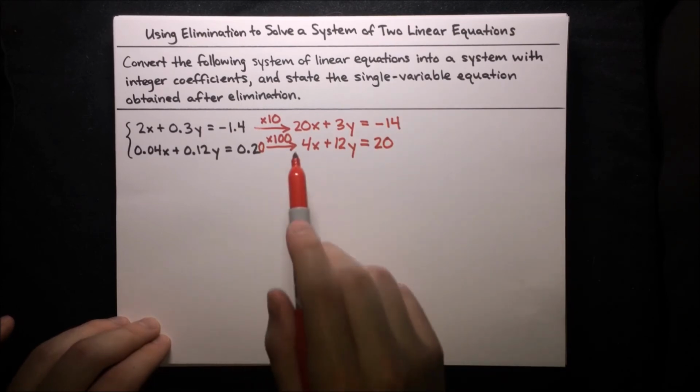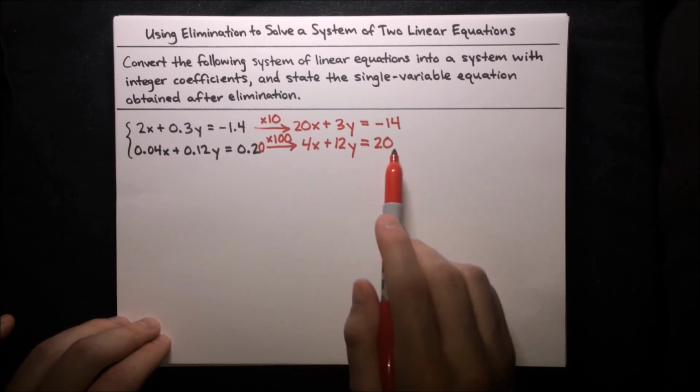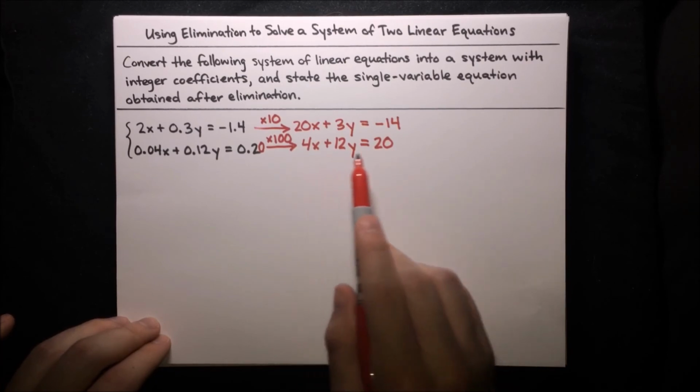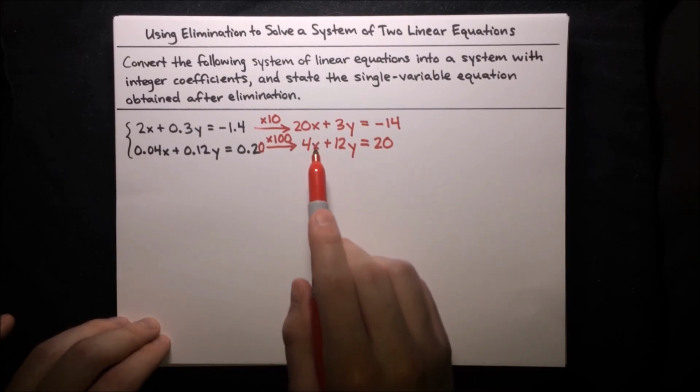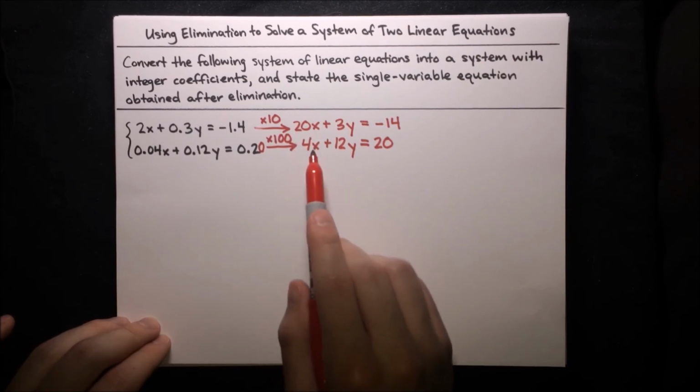Okay, great, so now we've got our system with integer coefficients, and now let's actually eliminate on this system. So let's see, what can we eliminate? Well, we can eliminate this x here if we get this 4x to be minus 20x. And in order to do that, all we have to do is multiply by negative 5.